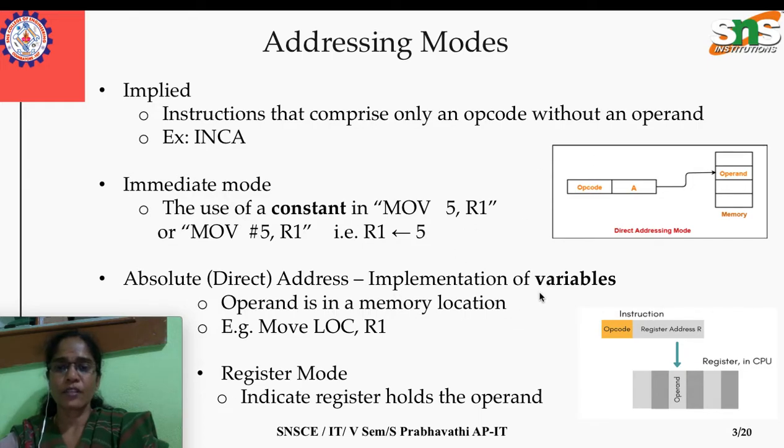If we print a, what does it mean? A is a variable, so that has a memory location. In that location it has a value, is it not? So the implementation of variables will be implemented by the machine by means of direct addressing mode. The other name is absolute addressing mode.